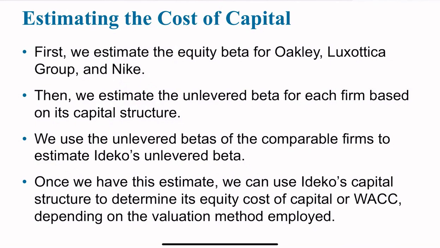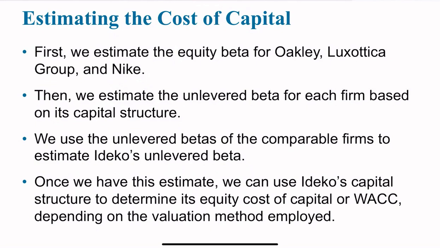And based on these comparable firms' equity beta, debt beta, and their debt value ratio, we can calculate these comparable firms' unlevered beta. And then we will use the unlevered betas of the comparable firms to estimate our firm, IDACO's unlevered beta.